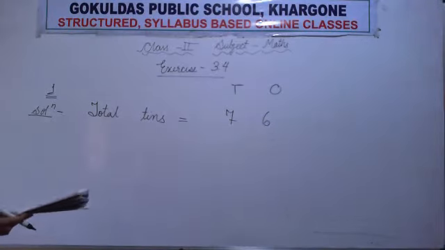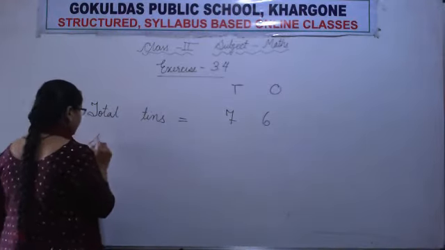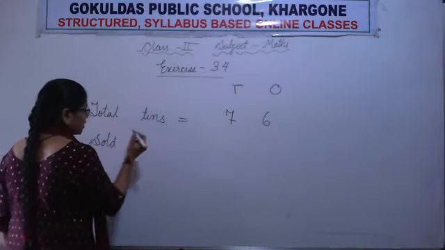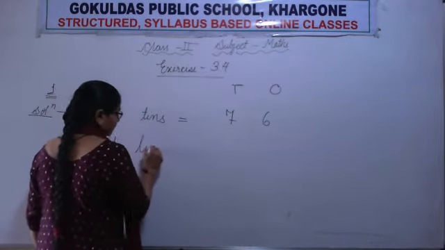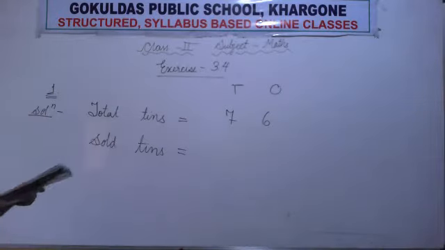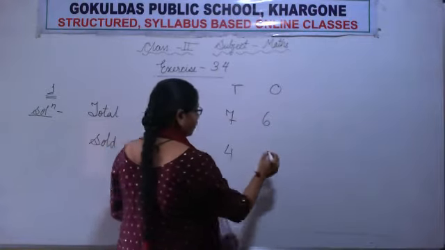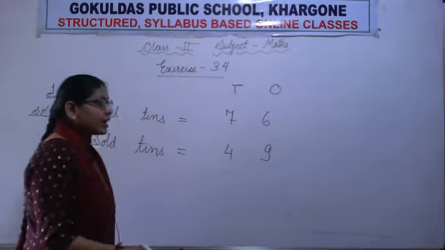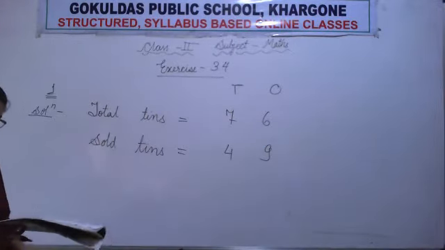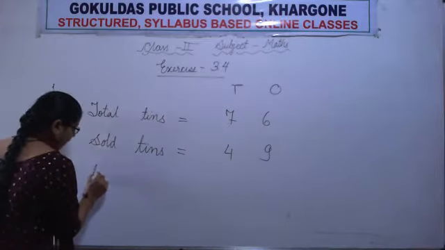The next information given is sold tins: 49. Now the question is asking us the number of tins left, so we will write left tins.